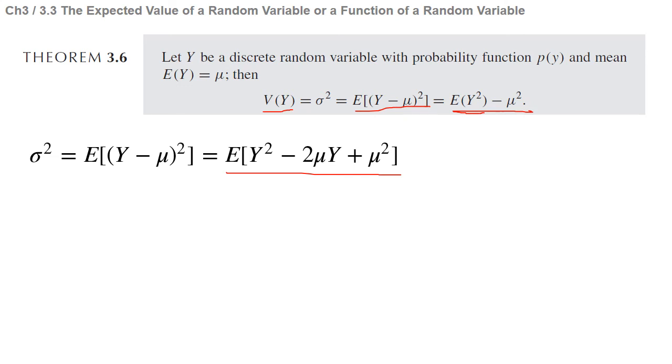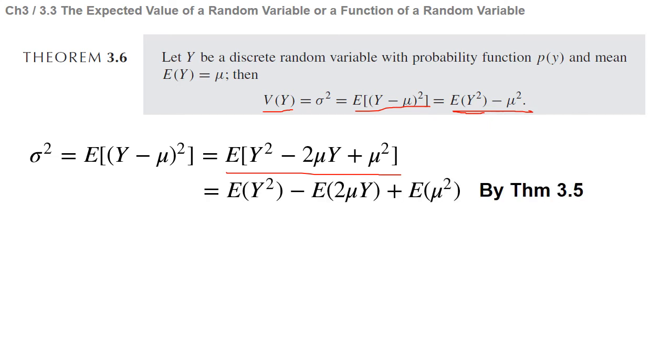Here, from theorems 3.4 and 3.5, we can separate these, so this can be expressed as the expected value of Y squared minus the expected value of 2 mu Y plus the expected value of mu squared.